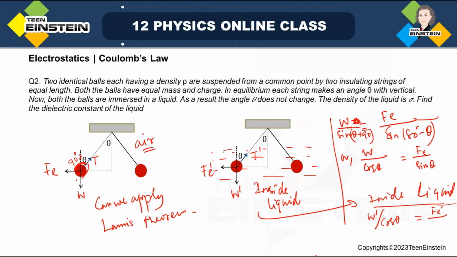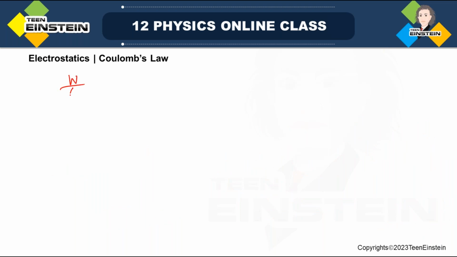Fe prime divided by sine theta only. So look, if I take the ratio of these two equations, we get W by cos theta, Fe by sine theta. This is one. Second thing, we got W prime by cos theta.